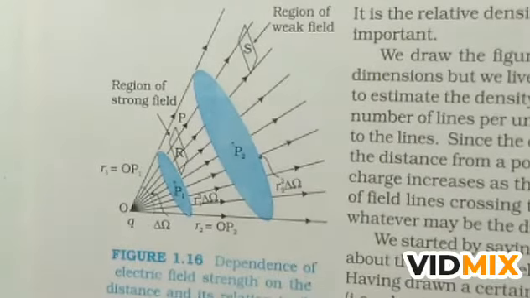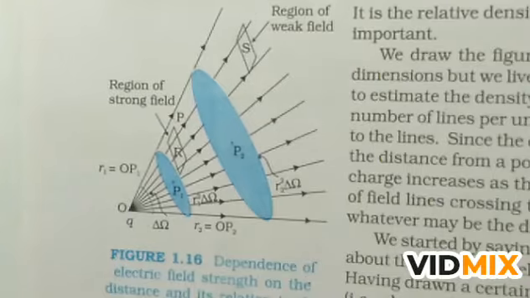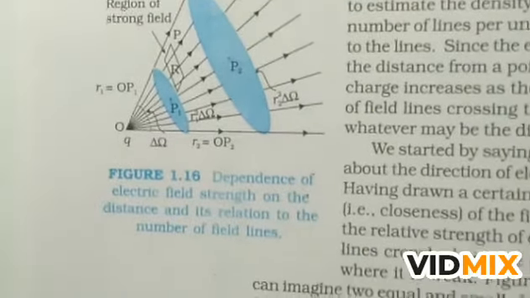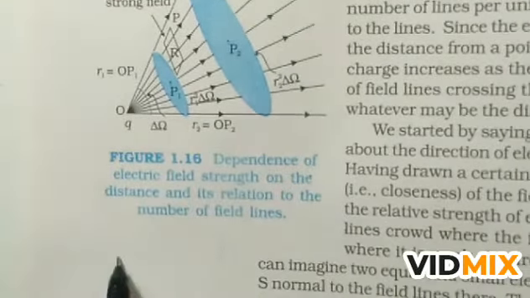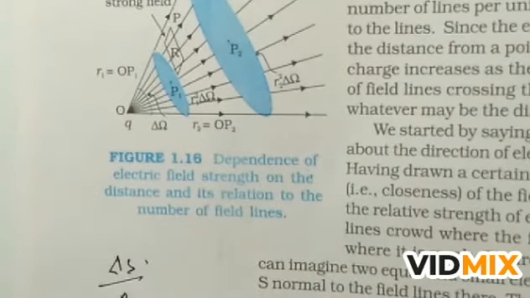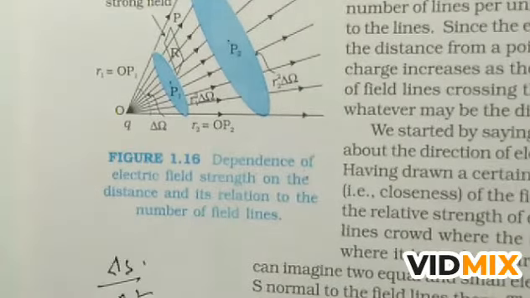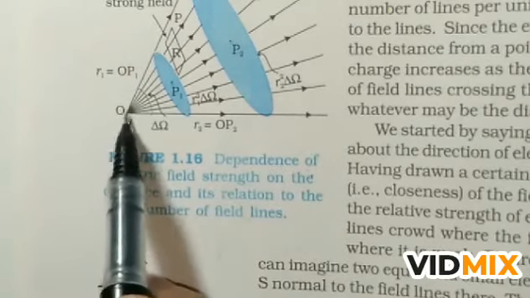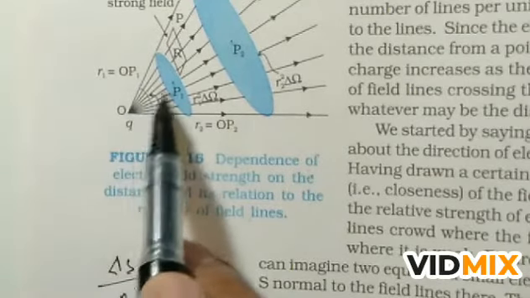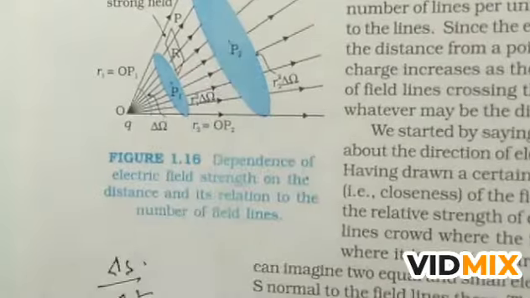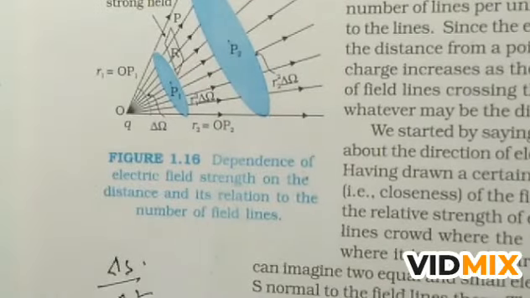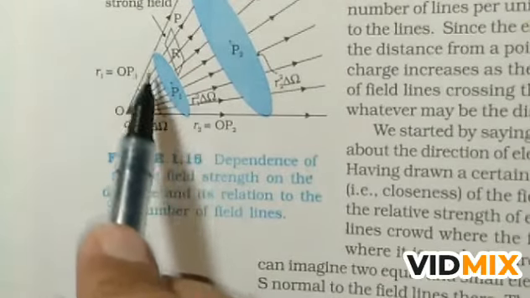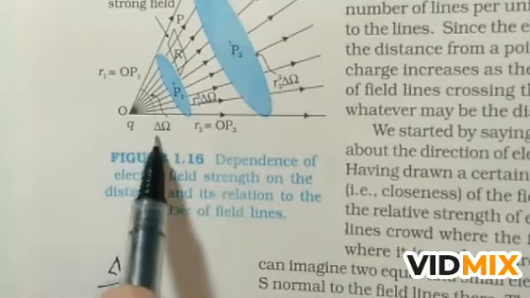Now what is solid angle? Solid angle is delta S upon R square. What is delta S? Delta S is the part of a sphere, and what is R? R is the radius of the sphere. But here we are taking the distance R1 of this point P1 and R2 of this point P2. So the solid angle made by this segment or this segment is delta omega.